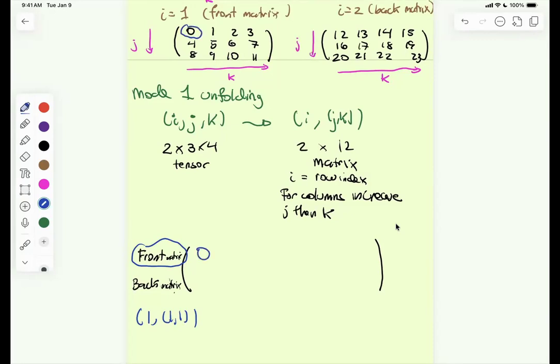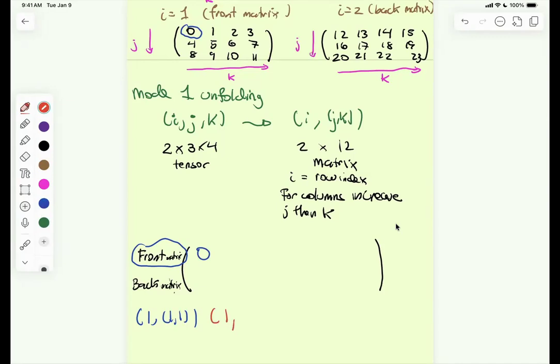Okay. Then you move to the next entry. So again, we're still looking at the stuff on the front matrix, like index I equals 1. So the next one would be, let me use a different color. Once you see how it works with a few examples, then you kind of believe what's going to happen next. So the next entry would be 1, right? It's still with I equals 1. But as I was saying, you increase the J first.